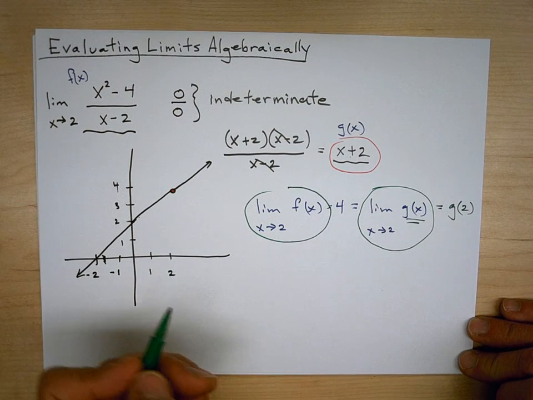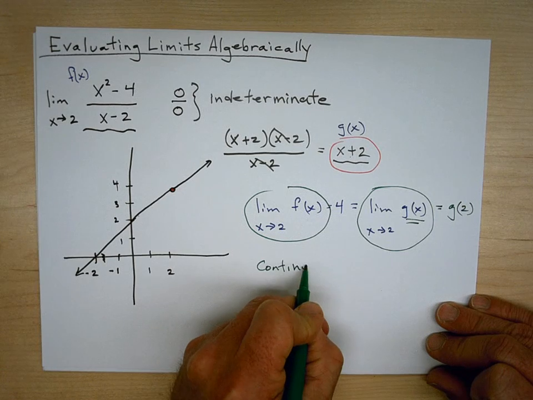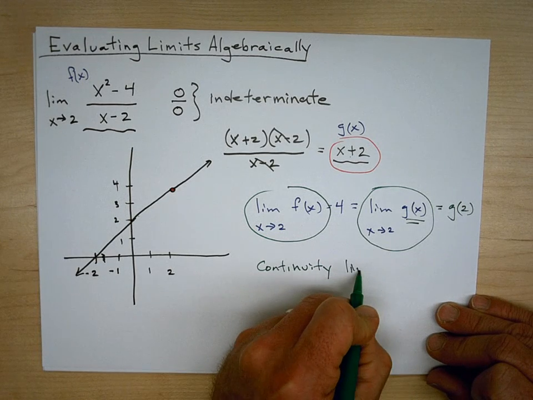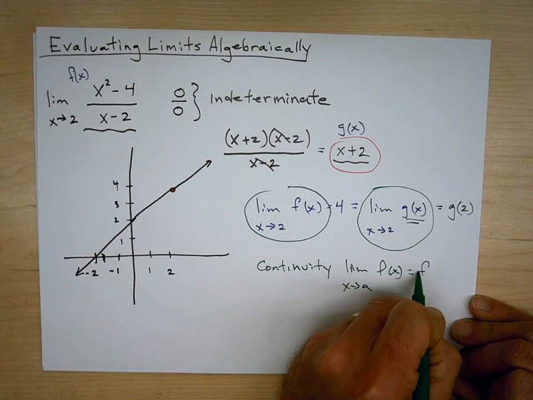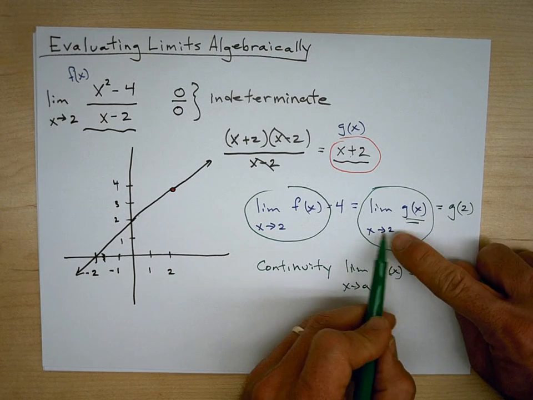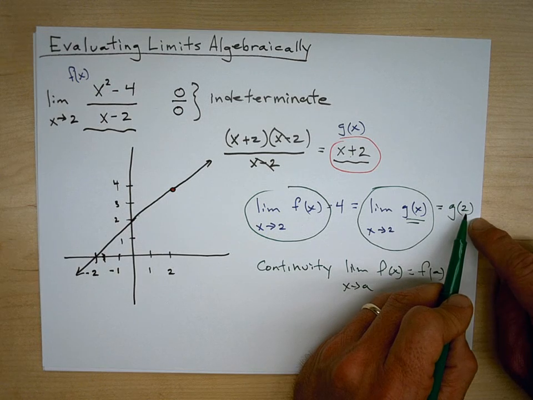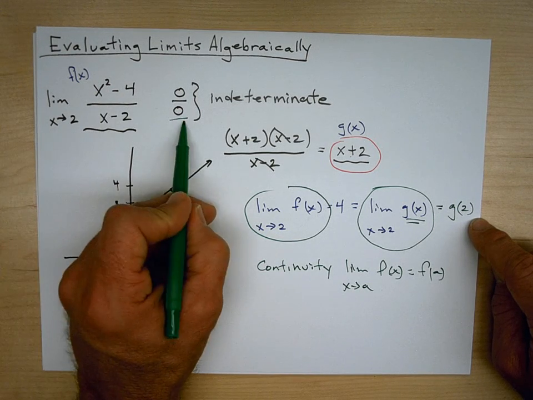Remember, quick refresher on continuity, the limit as x approaches a of f of x is f of a, or in this case g. So we have the limit as x approaches 2 of g of x is g of 2. That didn't work here because f of 2 is undefined. That's what we found here.